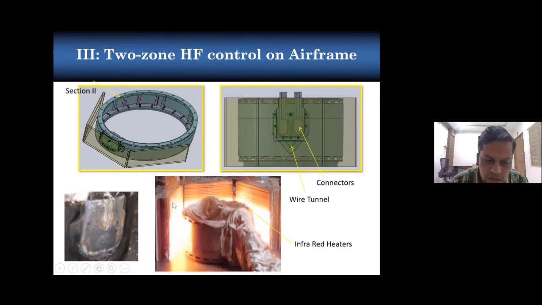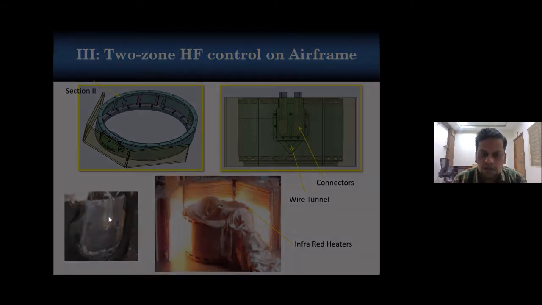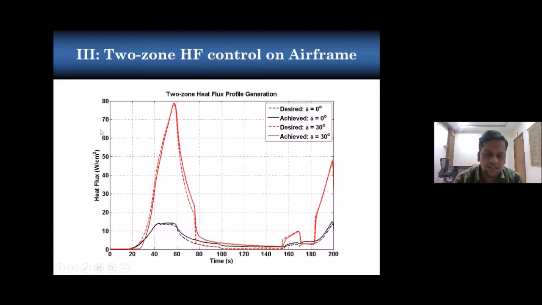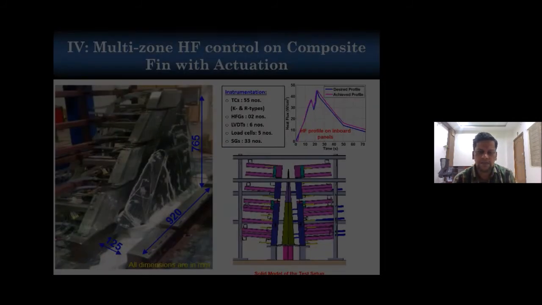So this is the panel cup after the thermal testing. For this we developed a separate simulating code to apply two differential heat flux profiles on the airframe section at different levels, different sides. So these are the two heat fluxes which were applied on the section, and the connectors were qualified.